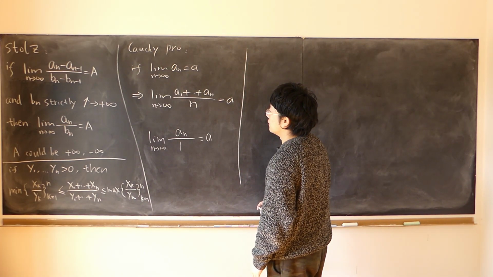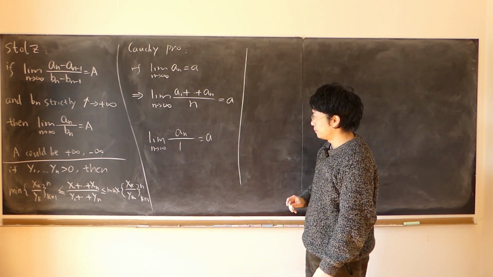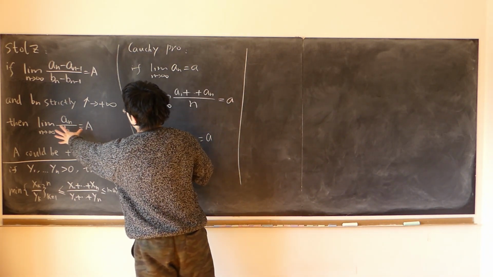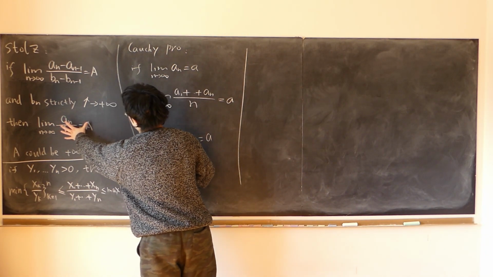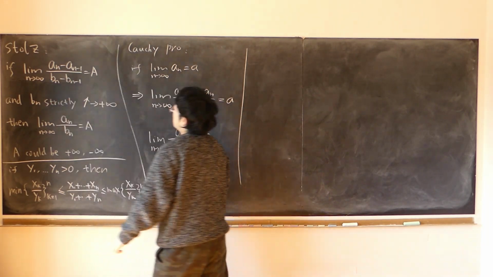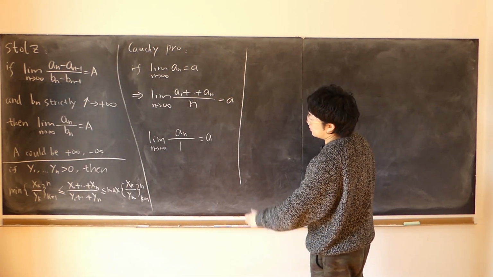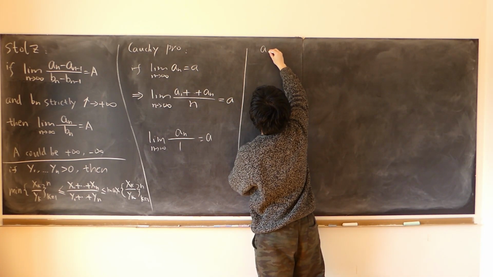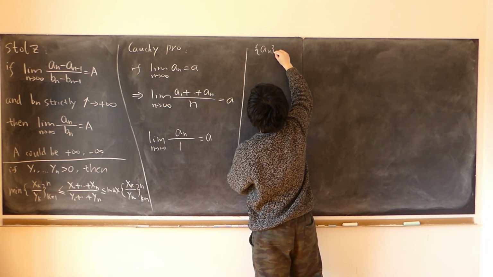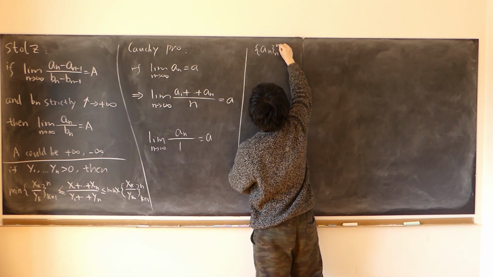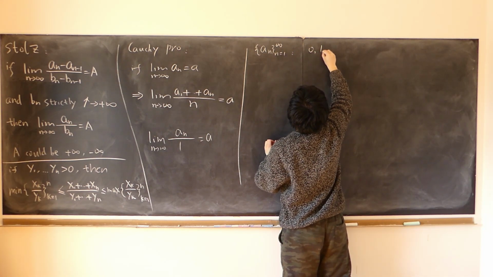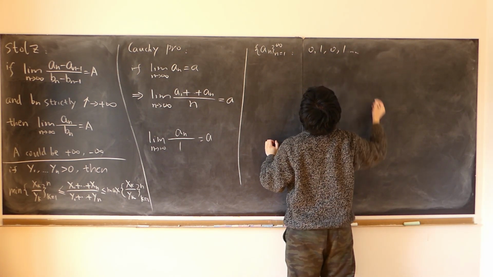And notice that the inverse statement may not be true. In other words, if this limit exists, it doesn't necessarily mean that this limit exists. Right? The reason is because if I say an is, let's just say this sequence looks like this: 0, 1, 0, 1, all the way up to infinity.